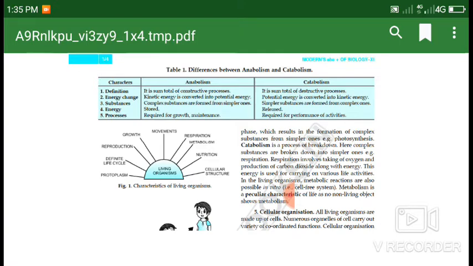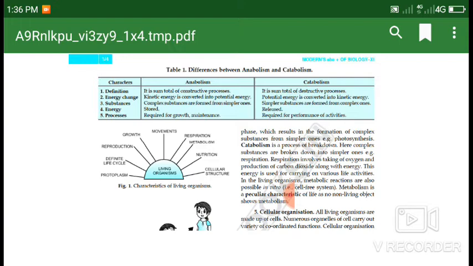In terms of energy change, anabolism requires kinetic energy, which is converted into potential energy. In catabolism, potential energy is converted into kinetic energy. In anabolism, complex substances are formed from simpler ones; in catabolism, simpler substances are formed from complex ones.